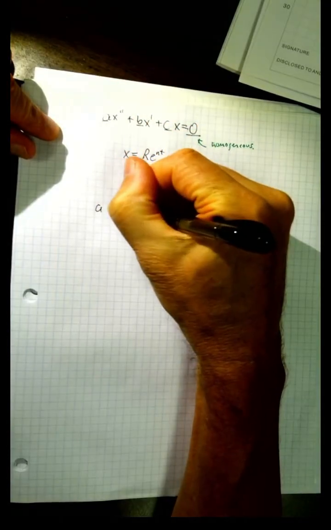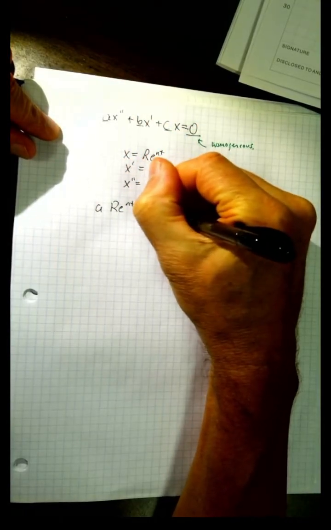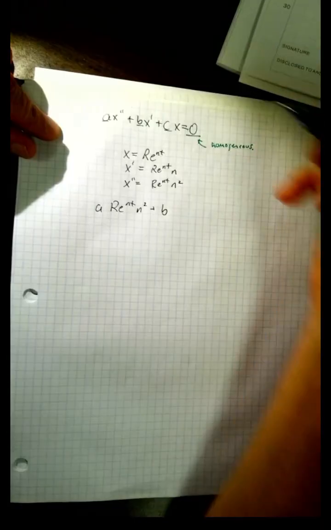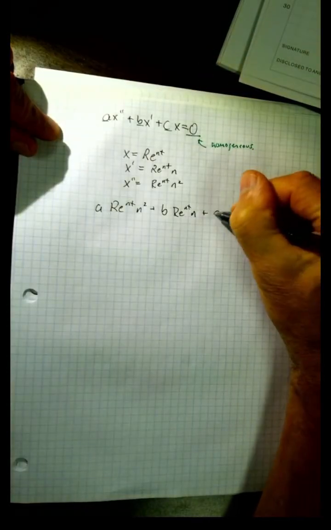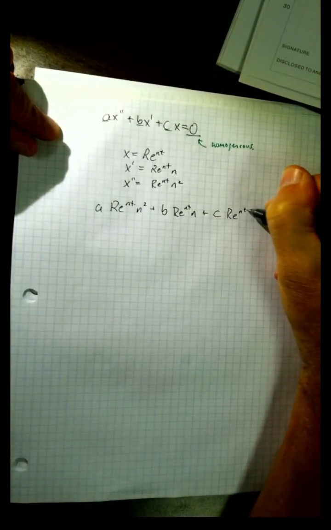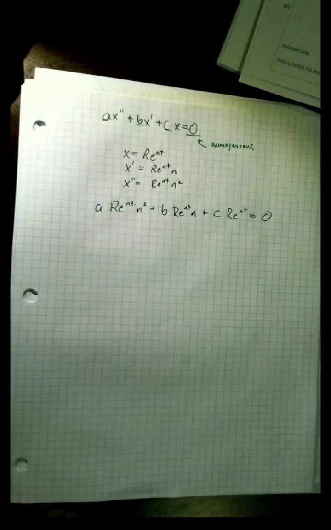Now we plug this into our differential equation. So a times the second derivative gives us r e to the nt n squared, plus b times the first derivative is b times r e to the nt n, and c times x. So we get a n squared plus b n plus c times r e to the nt is equal to 0. And then we ask, what does this imply?